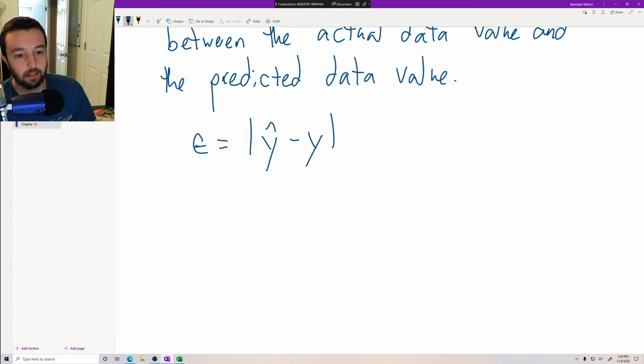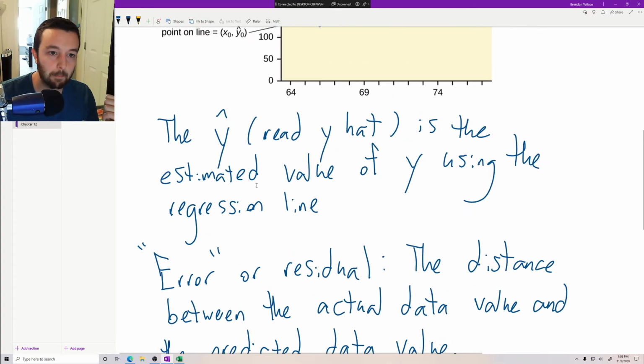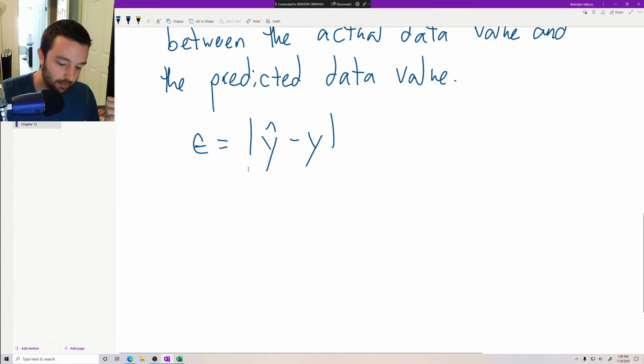Okay. The absolute value is just there so that you can either do y hat minus y or y minus y hat, and the absolute value just makes it positive. Okay. Technically, this should have an absolute value around it also. But that's not as important. It's just whatever the difference is here, and then you make it positive.